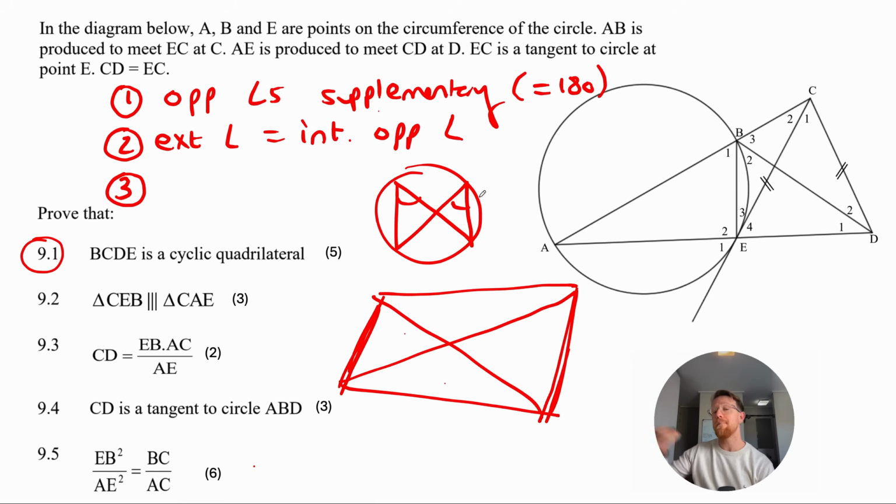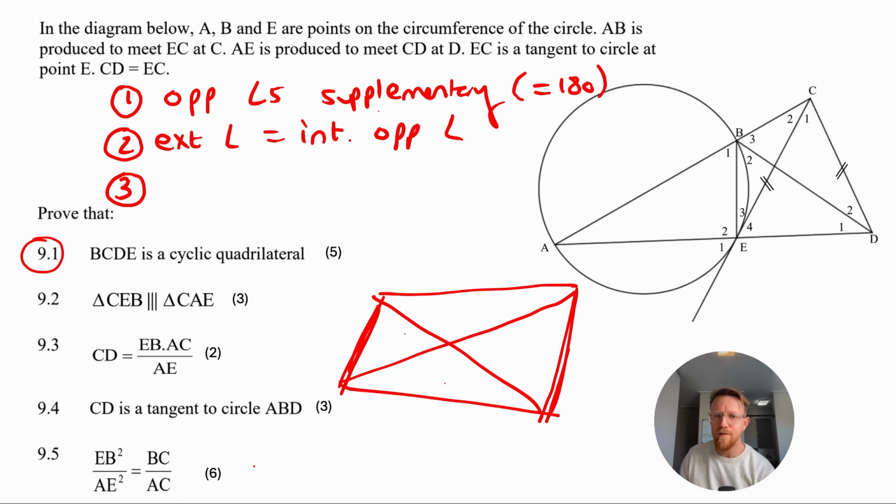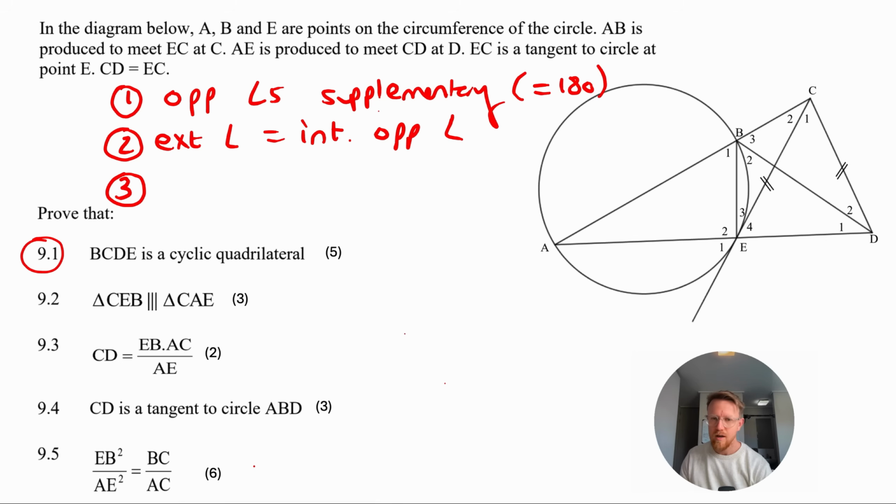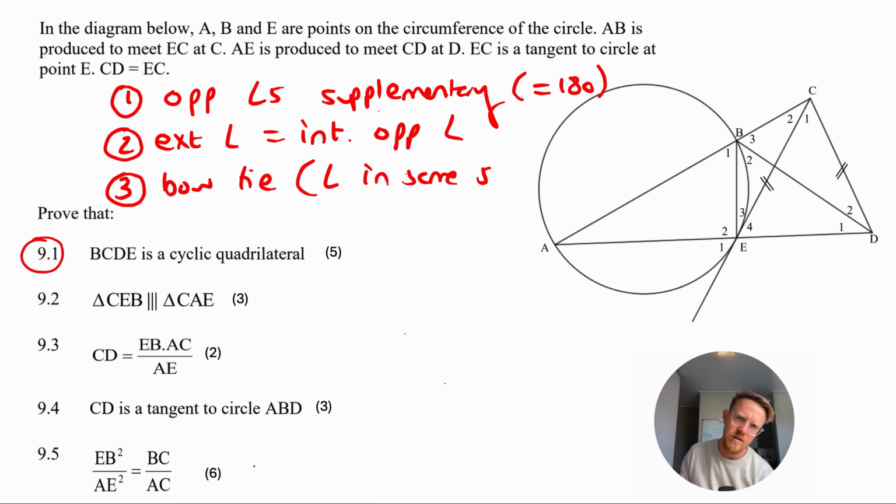That can only happen in a circle. So if we find that happening in this shape, then it must be a cyclic quad, because it means that a circle probably is able to fit around, and that's why those properties are true. Okay, so we can say, let's just say bow tie, or angle in same segment.